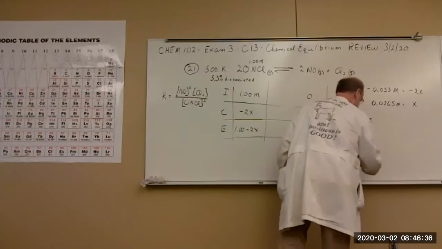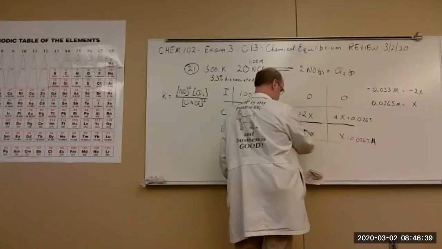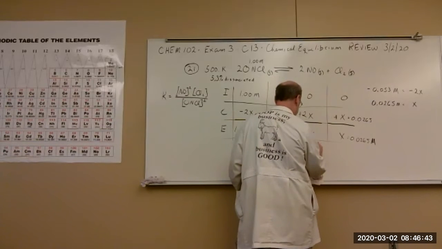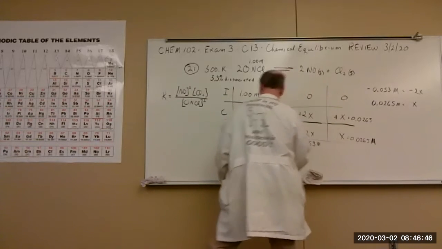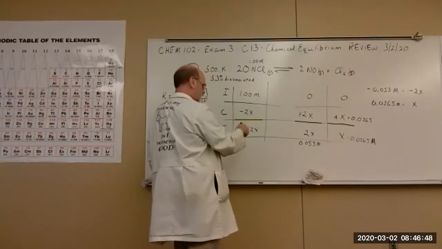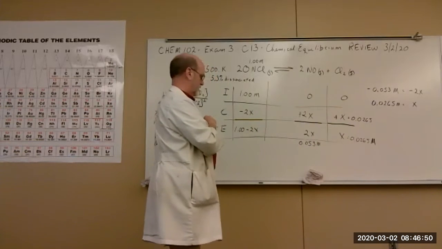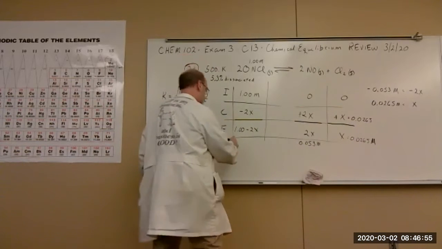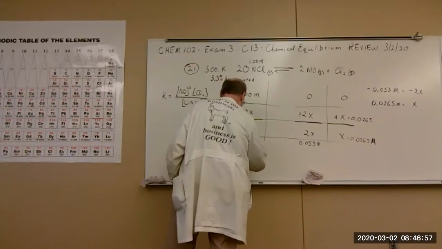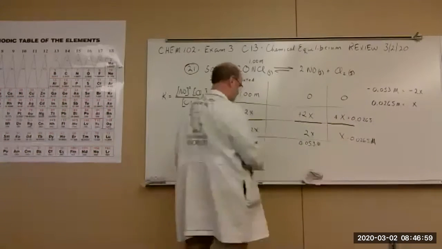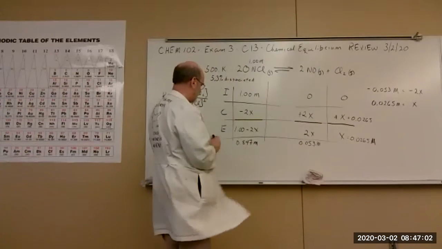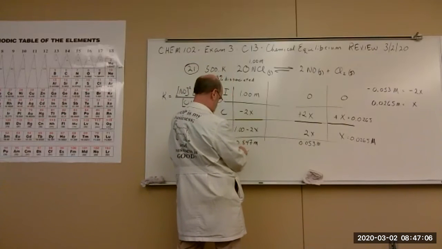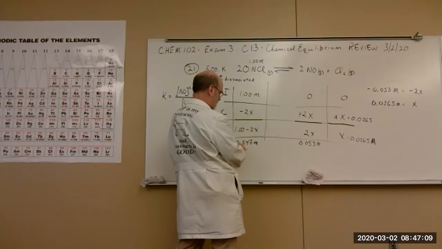0.0265 molar. Now that we know what x is, this value then is going to be 0.053. And this is going to be 1 minus 0.053, which is what? 0.947. Is that right? Where's that 9?